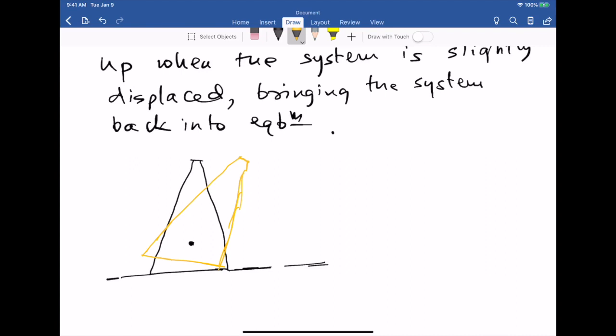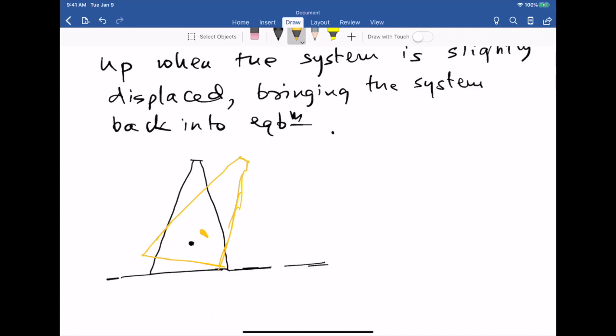And its center of mass would probably move over here. So is this stable or unstable equilibrium? From experience, you know what the answer is. This is stable equilibrium. But let's see if we can analyze it and understand it.